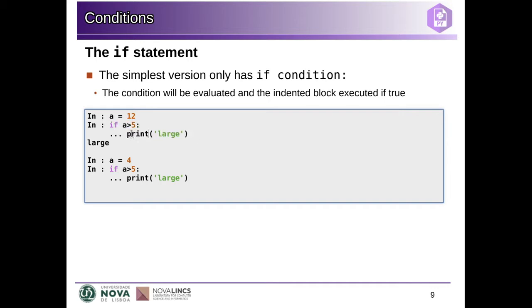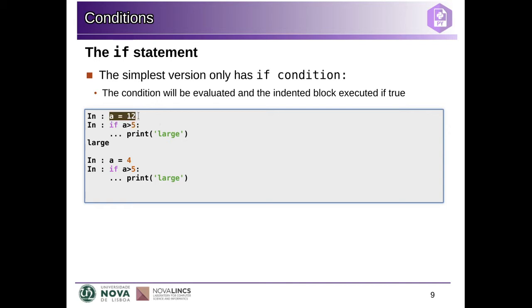This means that the block of code indented inside the if statement, which could have several lines, but in this case is just a simple one-line block, has this indentation to show it belongs to the if. This line will be executed only if the condition is true.